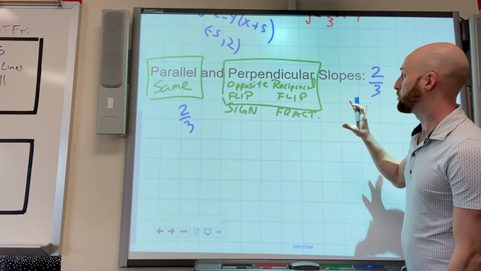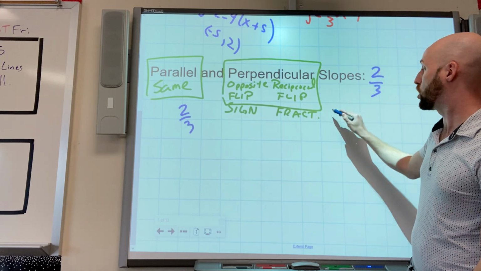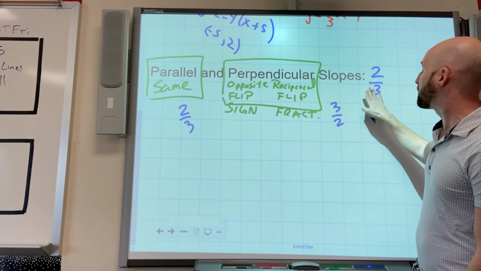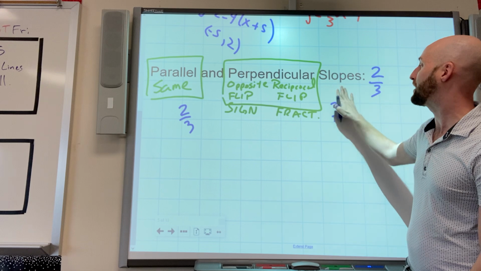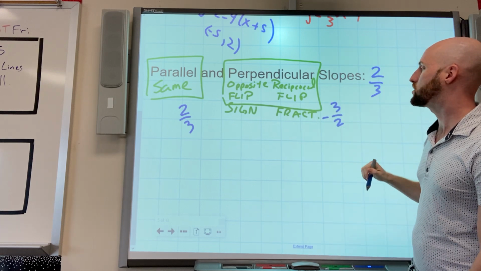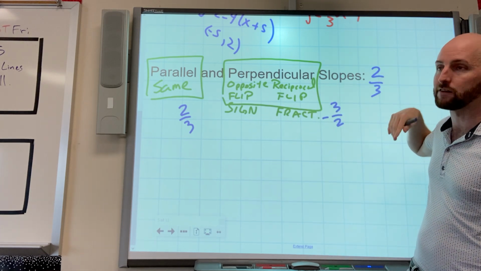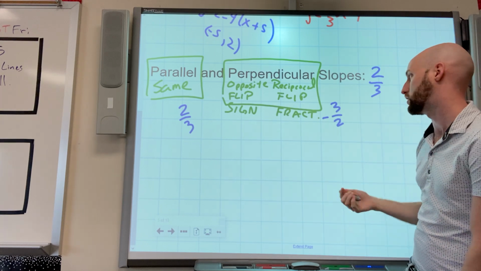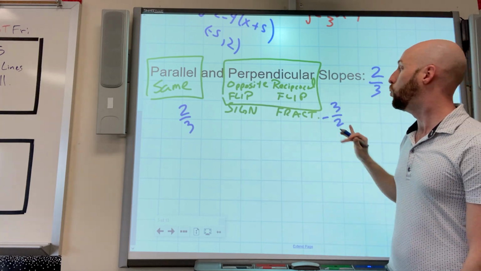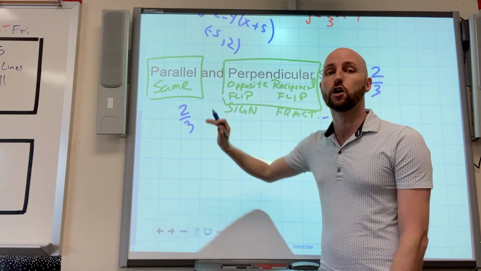And what's considered the perpendicular slope is when you flip the fraction over to 3/2, and if this is a positive fraction, it is now a negative fraction. So I don't want you to think about flipping the signs of both numbers, it's flipping the sign of the total fraction. So negative 3/2 would make 90 degrees to a 2/3.